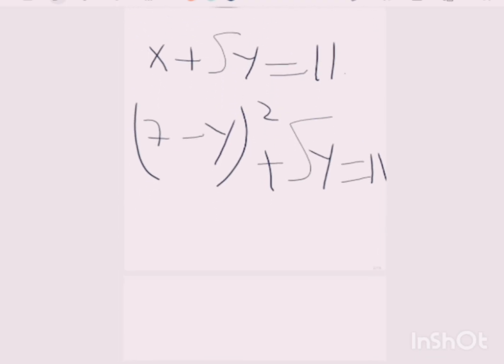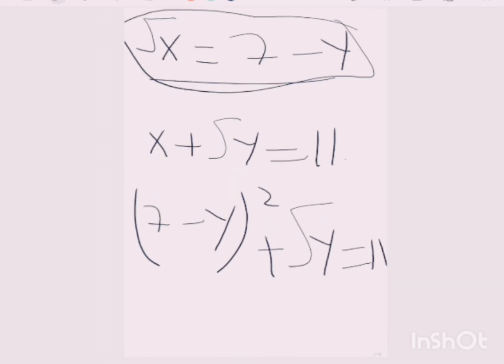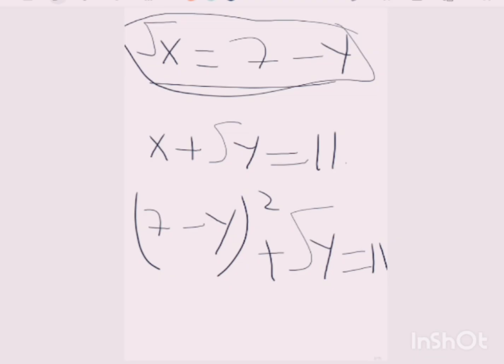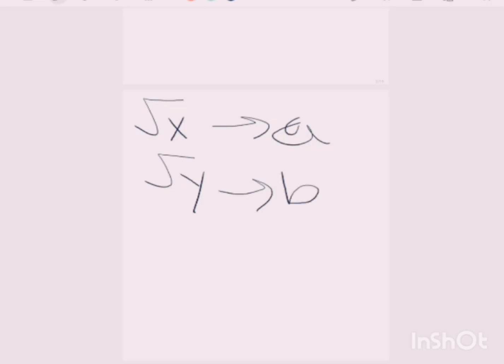So in order to get around this factorization, we apply the next step: let us assume that root x equals a and root y equals b.